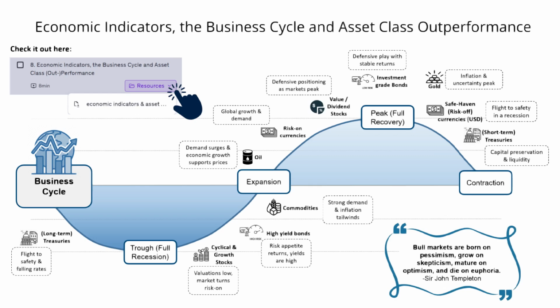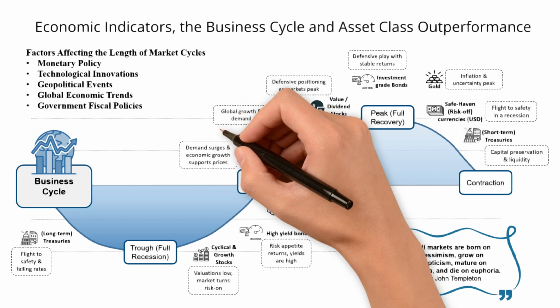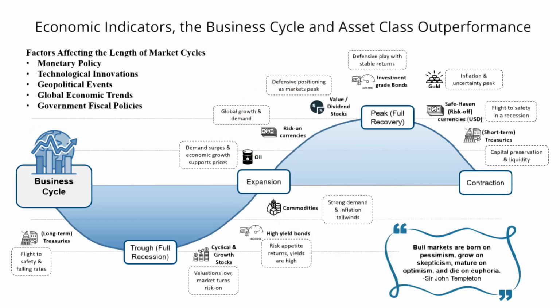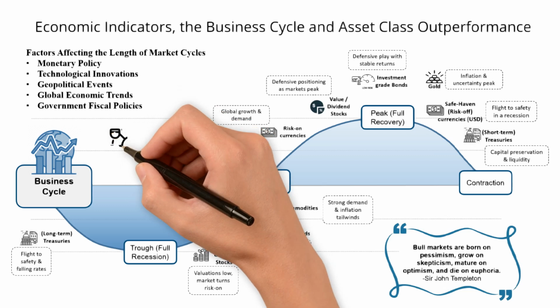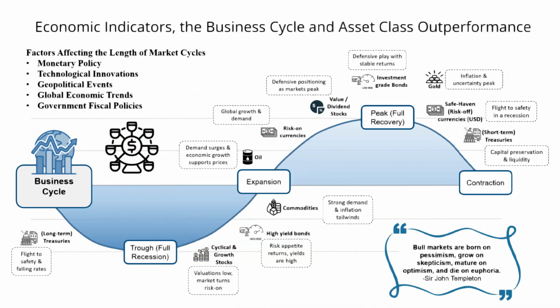Before we close this lecture, let's briefly emphasize the length of the typical business or market cycle. The length of the typical business cycle can vary depending on a variety of factors, including economic conditions, monetary policy, geopolitical events, and technological changes.